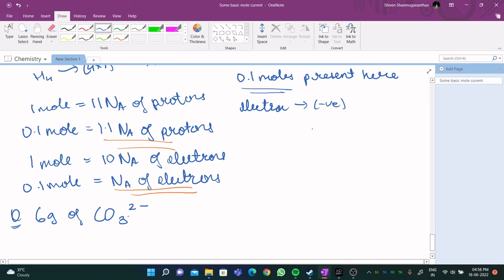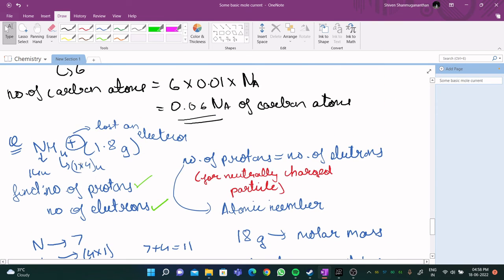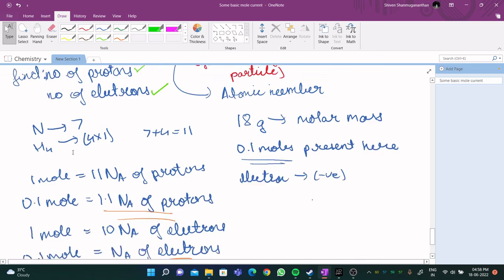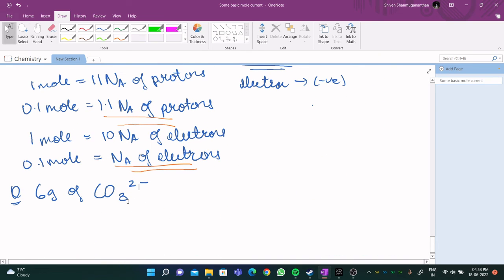We've done this type of question before, but there we had plus, which means it lost an electron, and here we have 2 minus. Now, 2 minus means it has gained that negative charge. If you take the electron, which is the negative particle, you will obviously get a negative charge.